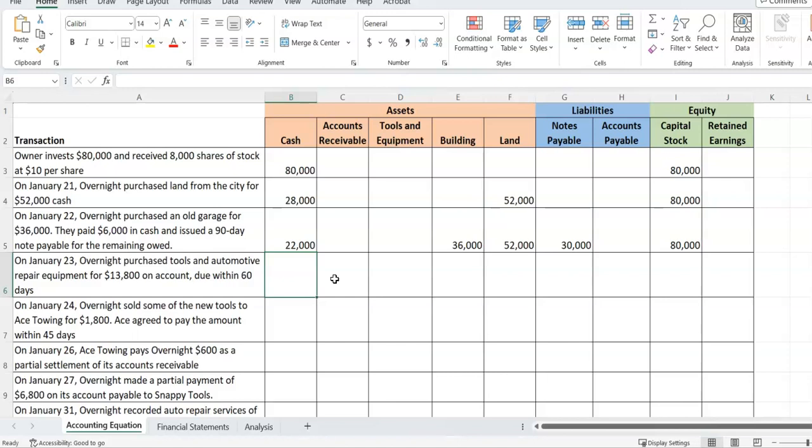The next transaction. On January 23rd, we purchased tools and automotive repair equipment for $13,800 on account due within 60 days. So now we have $13,800 in tools, and we owe $13,800 for those tools.